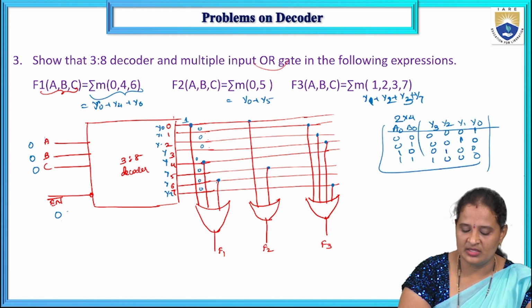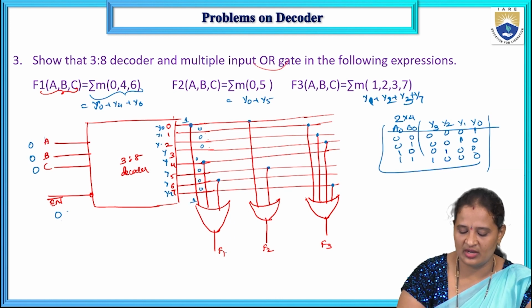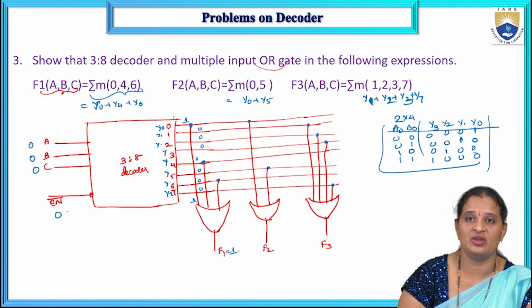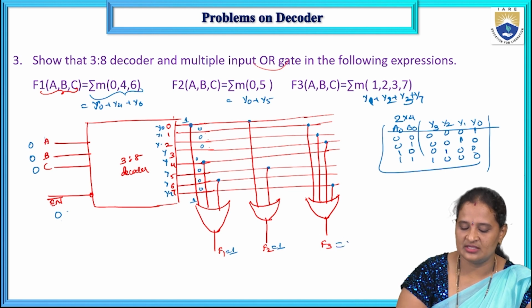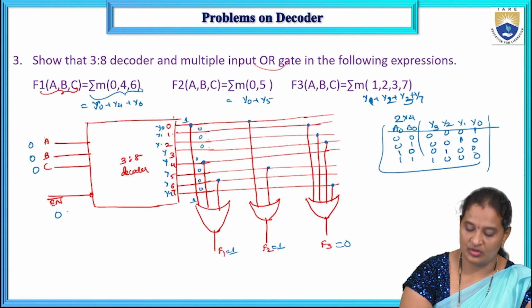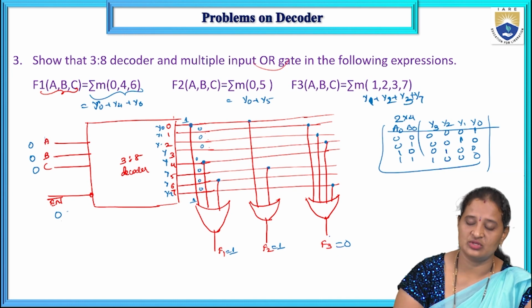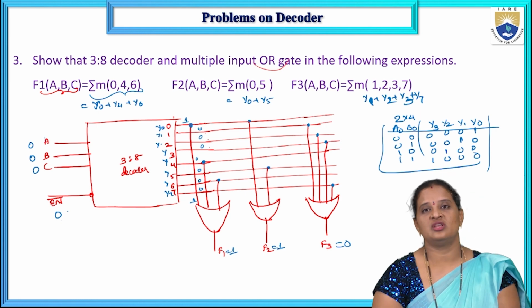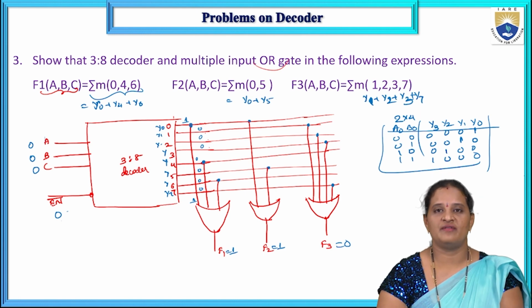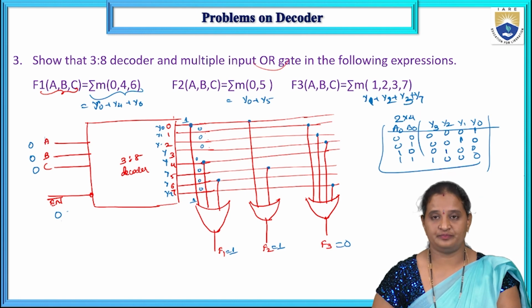So the function output F1 is 1, whereas F2 is also 1. Next, F3 is 0 because all these are zeros other than Y0. So like that it decodes. This is the implementation of a function using a 3 to 8 decoder.